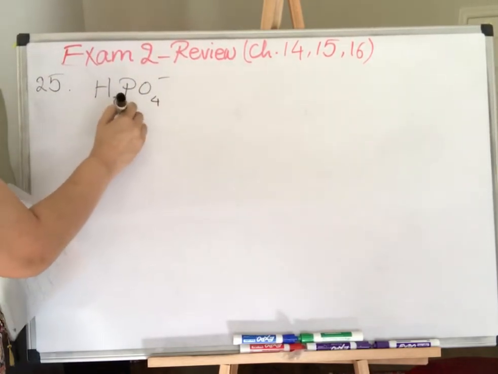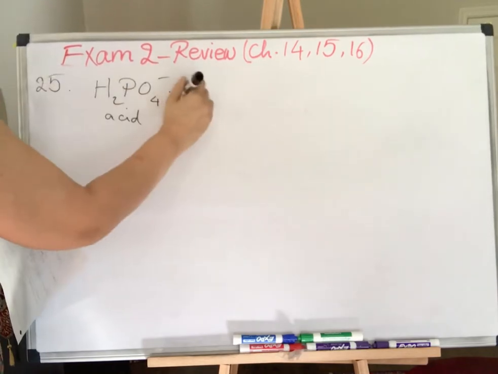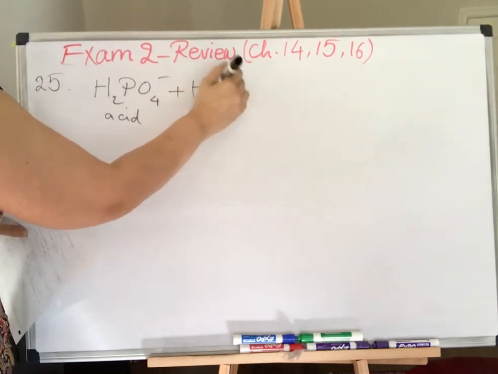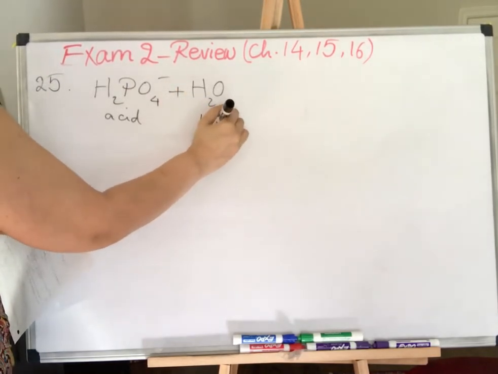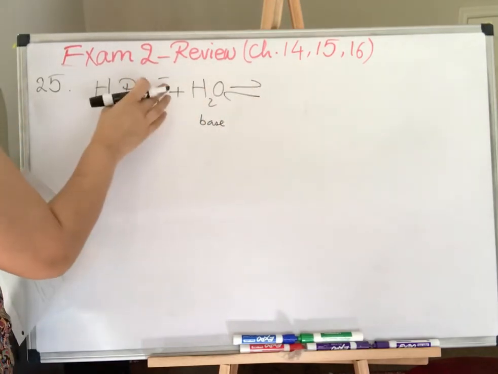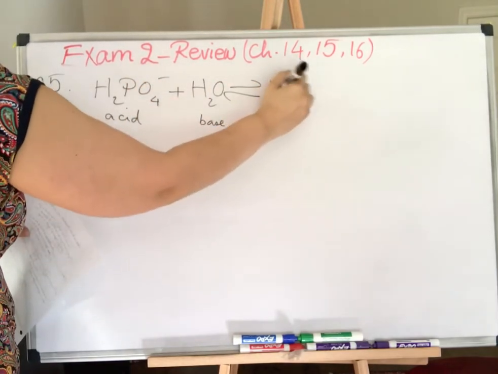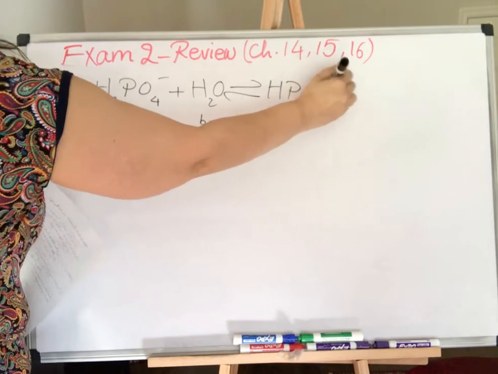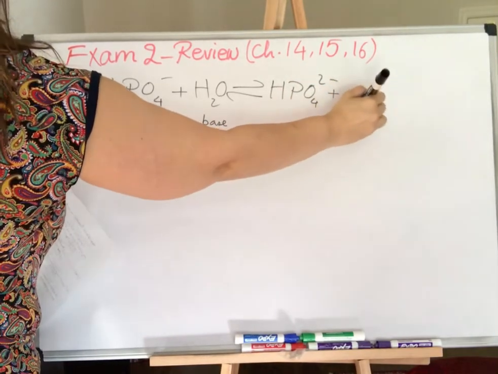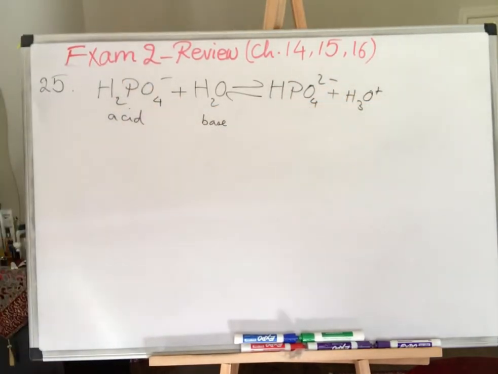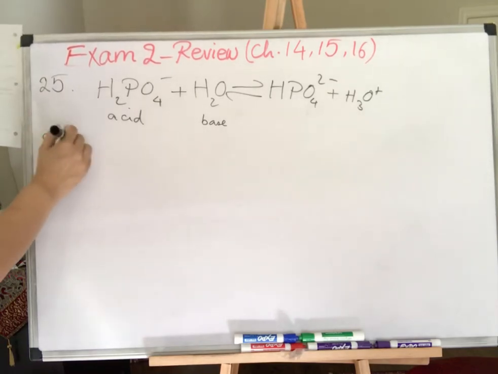Acid dissociation, it should act as an acid, so water should act as a base. Acid will donate the proton, so we'll have HPO4 2- plus H3O. Which one of these equations shows that? C, correct?